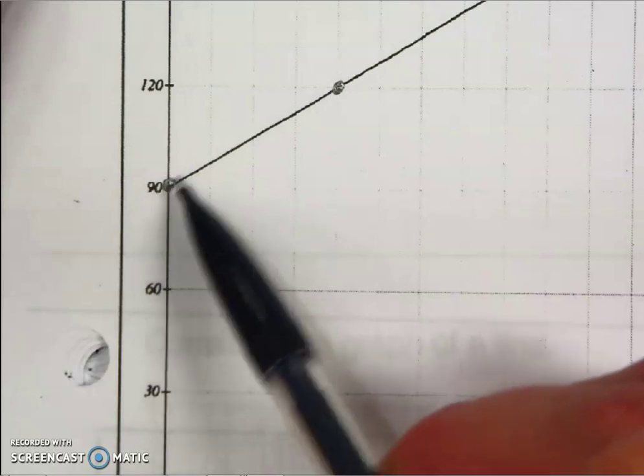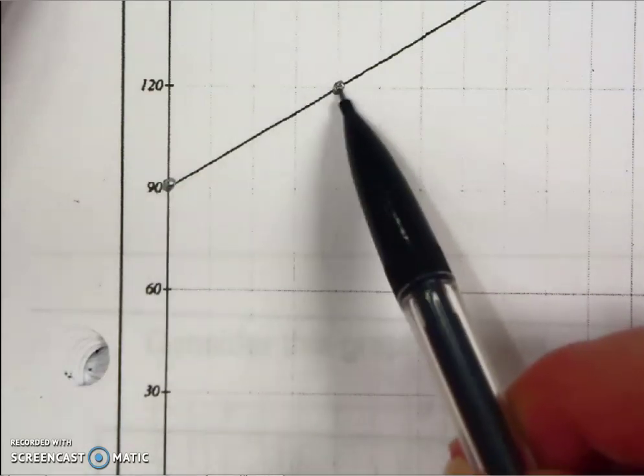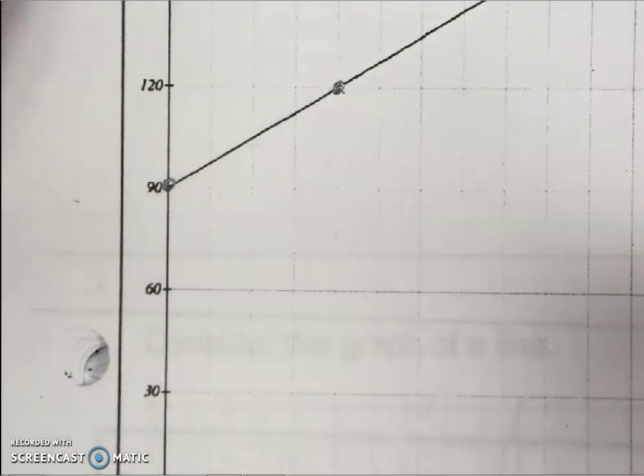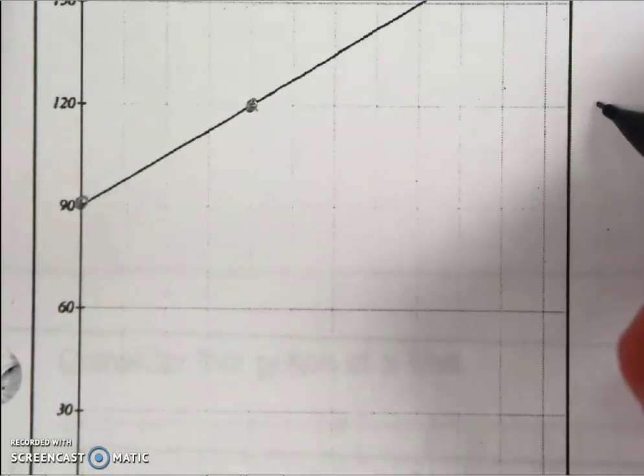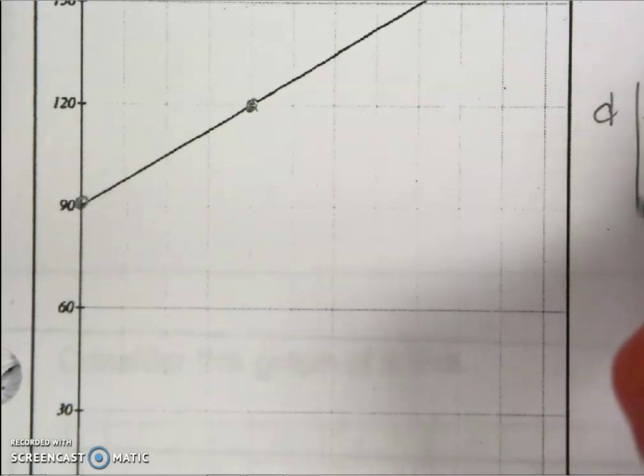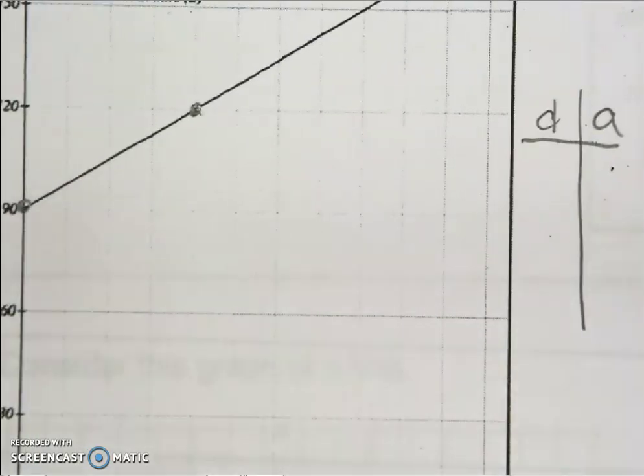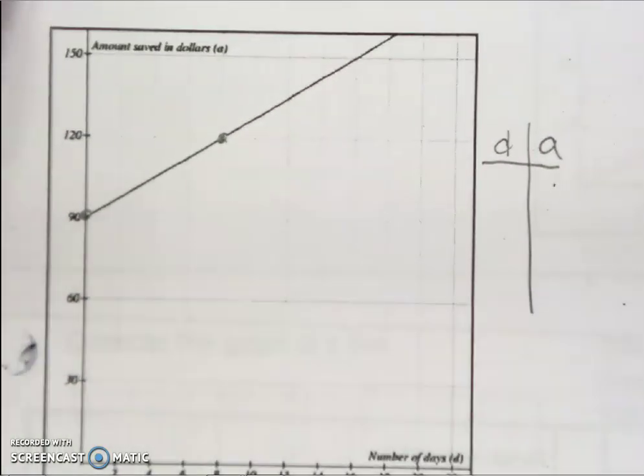And so I'm going to go ahead and write down these 2 points. So from here to here is what I'm going to look at because that's really the only one I can see really clearly. So I'm going to put a little table of values to the side here where D is X and A is Y. You could always title that X and Y if you'd like to, if you're more comfortable with that.